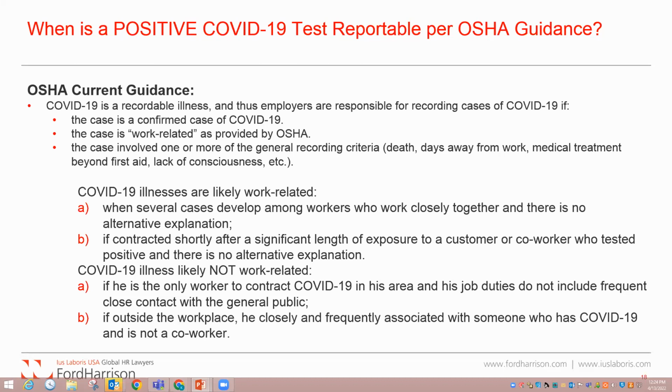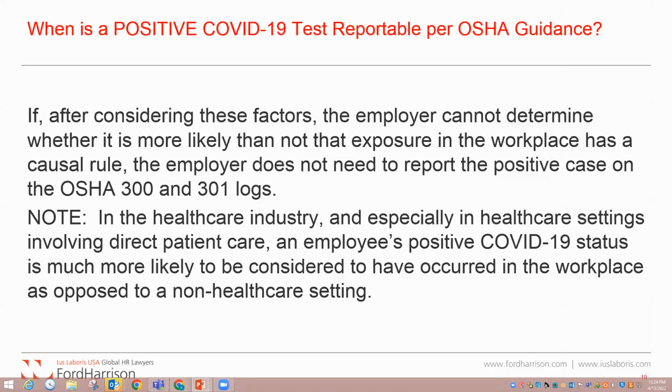And the last one on here, the example that was given quite a bit, is a worker who had a spouse who perhaps worked in a nursing home or a medical facility, and the spouse tested positive for COVID. Most likely it was not something that should have been on the OSHA 300 log.